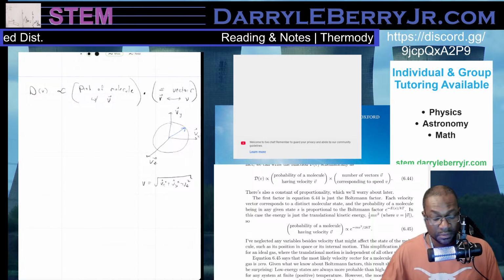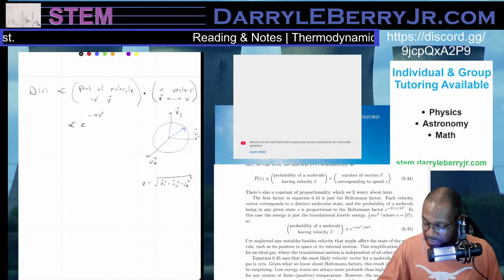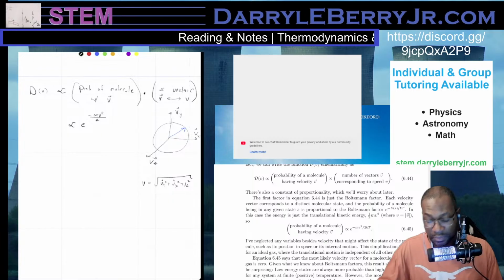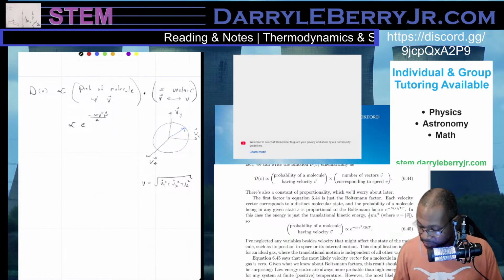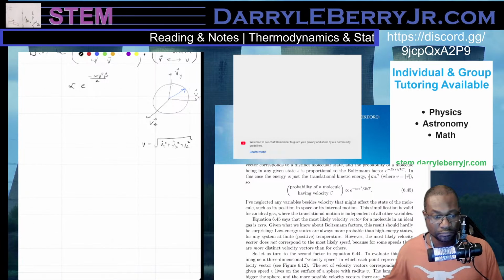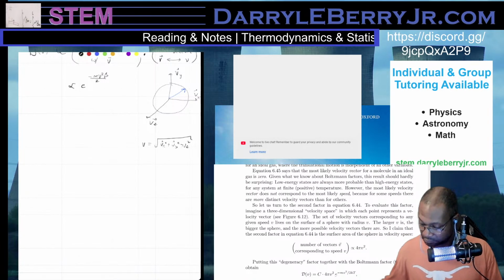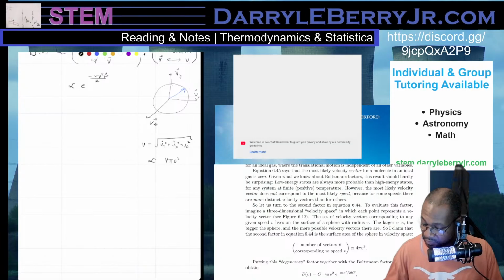And here, we have proportional to e to the negative m v squared over 2, put a b there. This is proportional to 4 pi v squared.